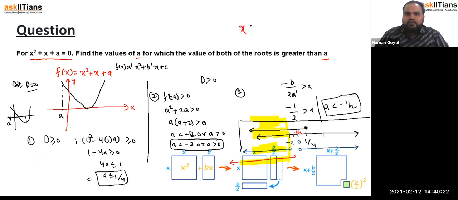So we can write x belongs to minus infinity to minus 2. Okay, so this is our answer, or this can be written as x should be less than minus 2. Are you getting my point?